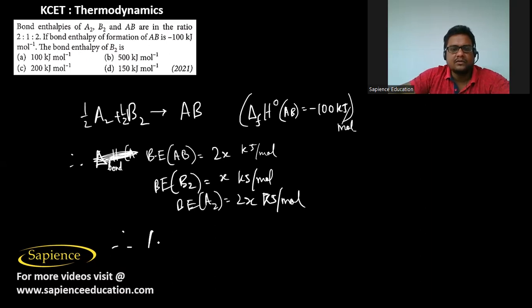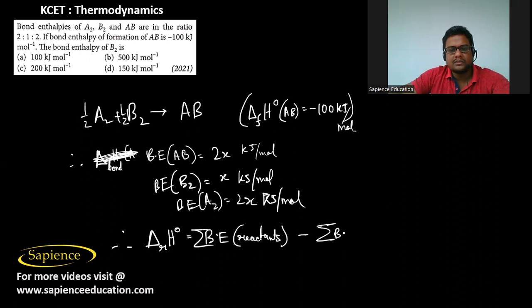Now, as we know, any reaction enthalpy is equal to the sum of bond enthalpies of reactants minus the sum of bond enthalpies of the products. So here the reaction enthalpy is the same as the formation enthalpy of AB.